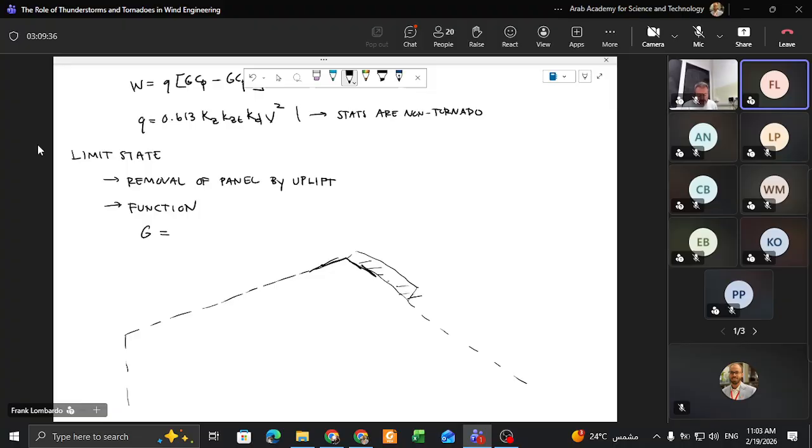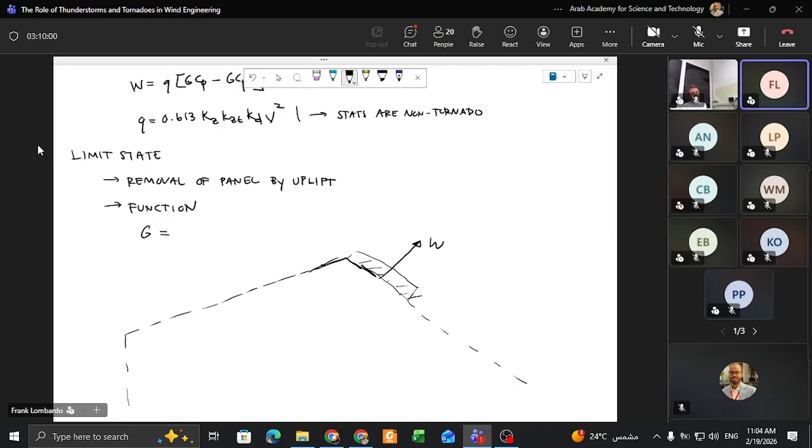What do we have working in? What's our wind uplift going to look like? Which direction is our wind force going to go? Up, right? Normal to the surface, but up.